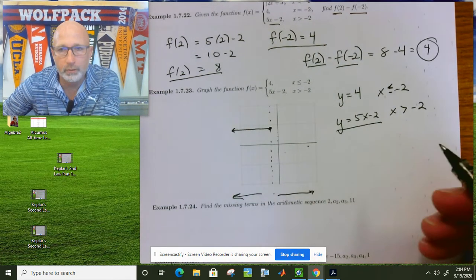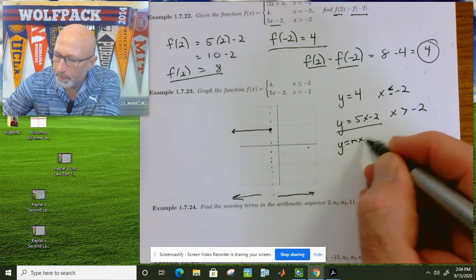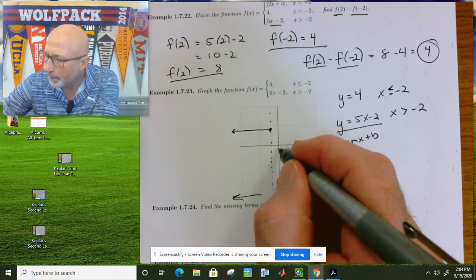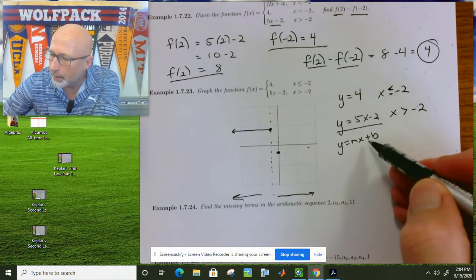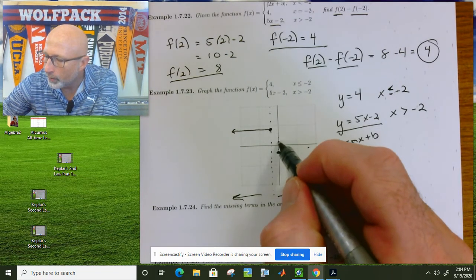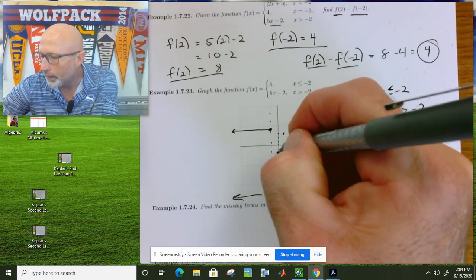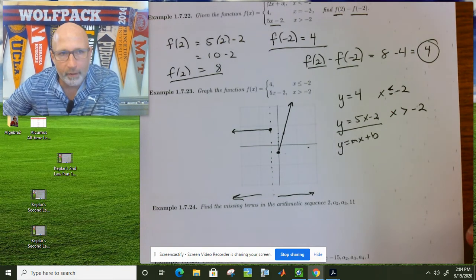Now as I go to the right here, this equation is going to work. And this is in slope-intercept form. So that means the y-intercept is negative 2, and the slope is going to be 5. So from that point, I go up 1, 2, 3, 4, 5, and over 1. So the graph looks like this.